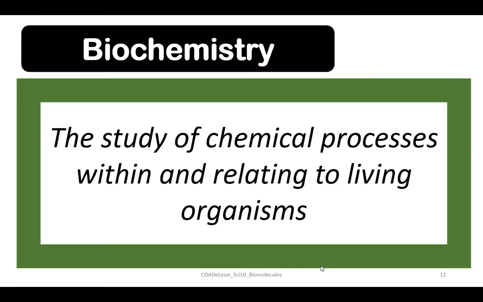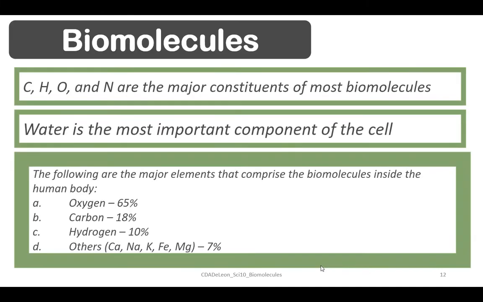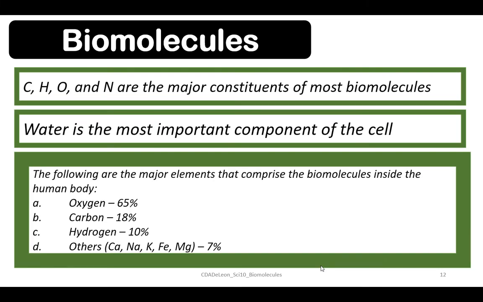So, biochemistry is the study of chemical processes within and relating to living organisms. Now, carbon, hydrogen, oxygen, and nitrogen are the major constituents of most biomolecules. Water is the most important component of the cell.